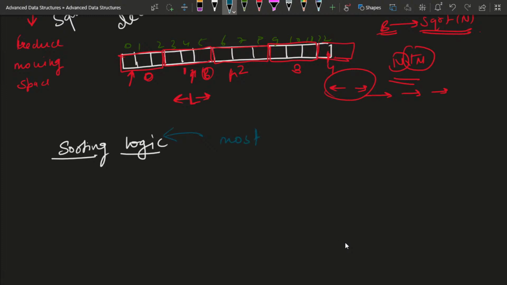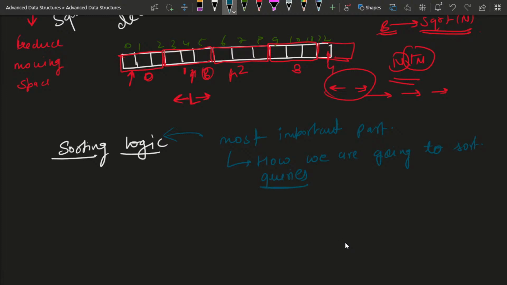How we are going to sort the queries is the most important part here in this Mo's algorithm.